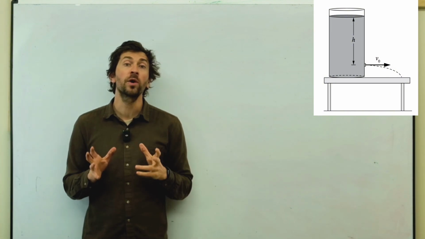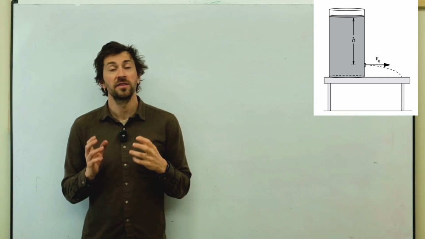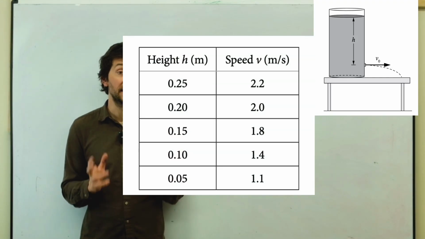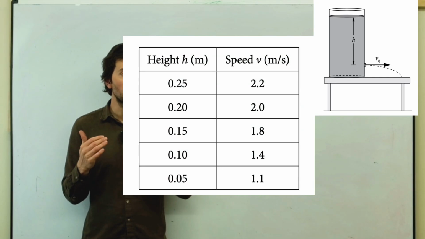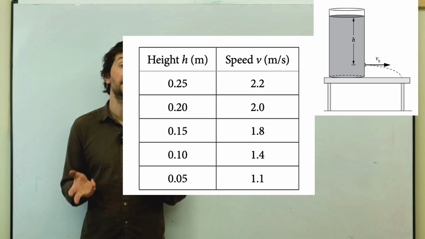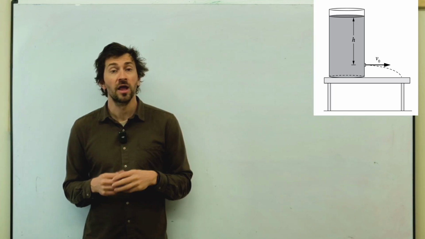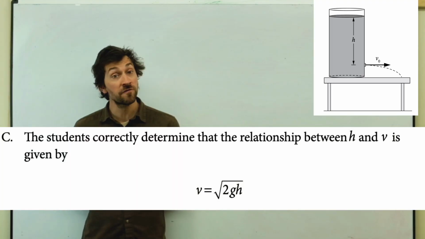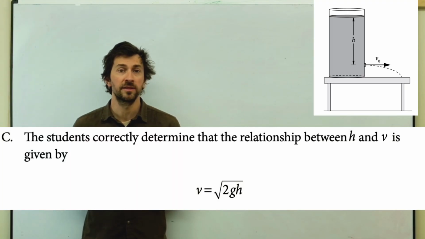And they've actually already provided us with two things. They have a whole table of data. So the students have done all these measurements, and we can see the data there. Further, they already provide us with a formula. And this is the formula that we're going to use as a basis for plotting and graphing the data.